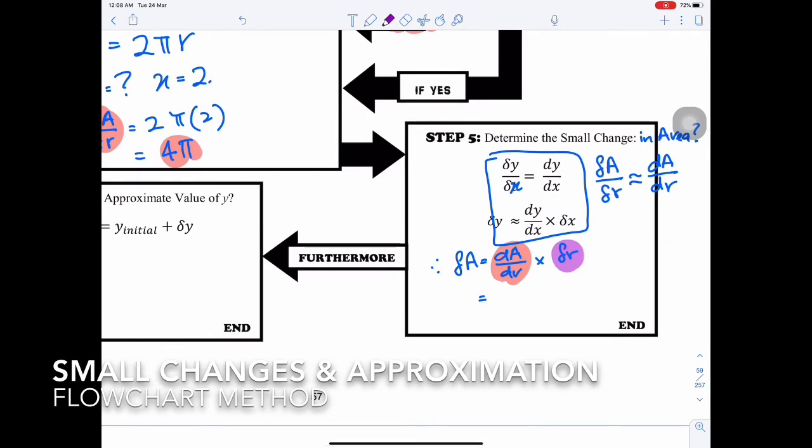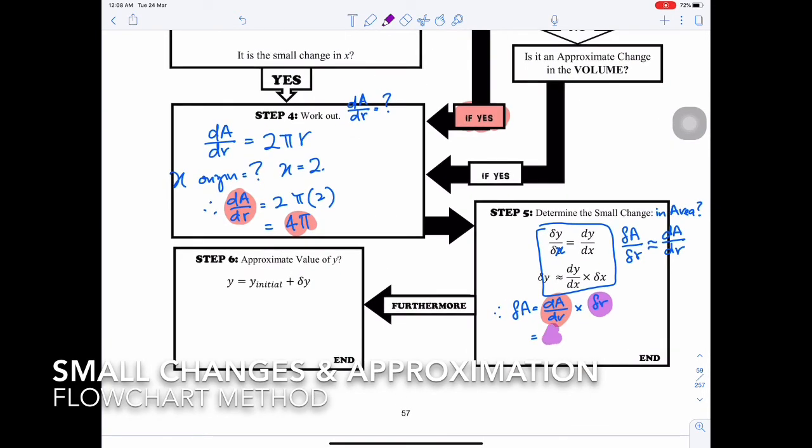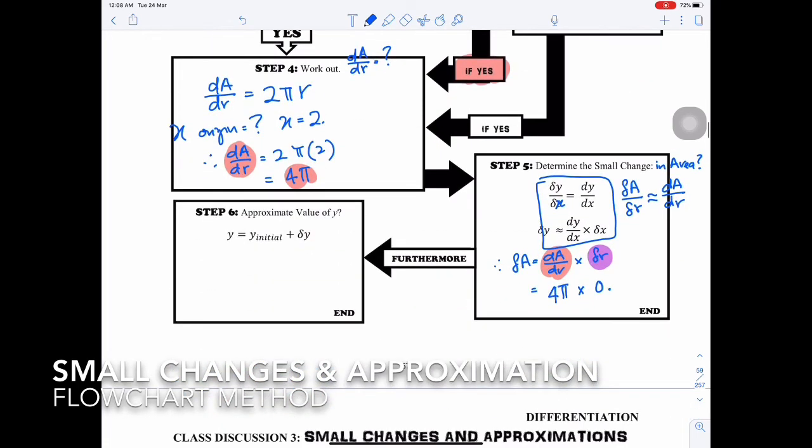Okay, so 4 pi times 0.02, so the answer is 0.251.